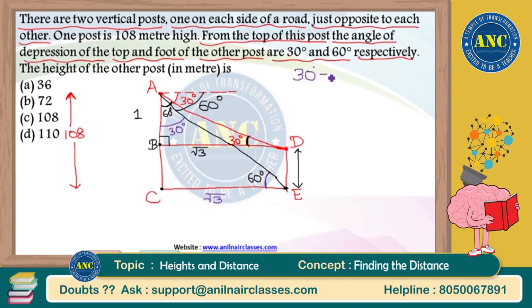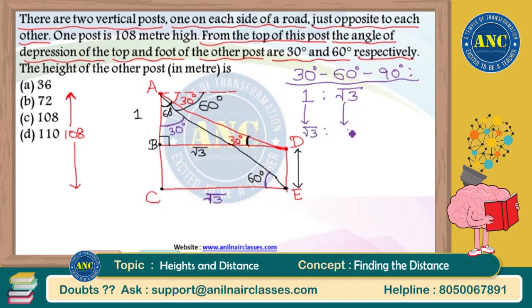For a bigger triangle, 30, 60, 90, if opposite to 30 is 1, opposite to 60 will be root 3. But opposite to 30 in the bigger triangle is not 1. It is already root 3. 1 should become root 3.